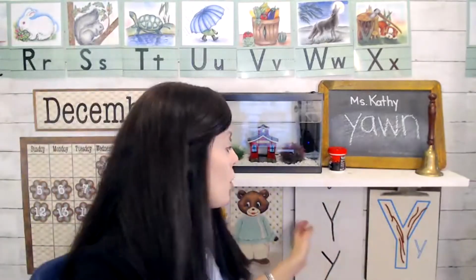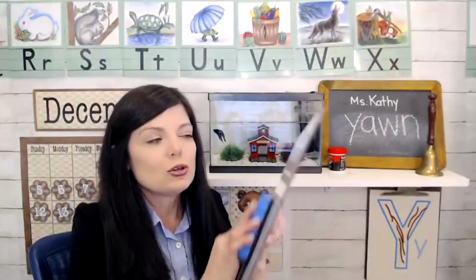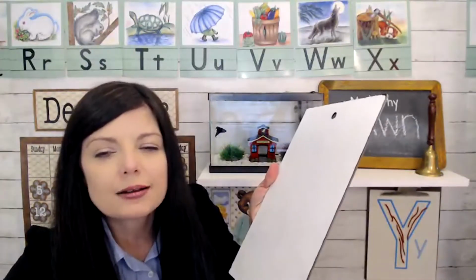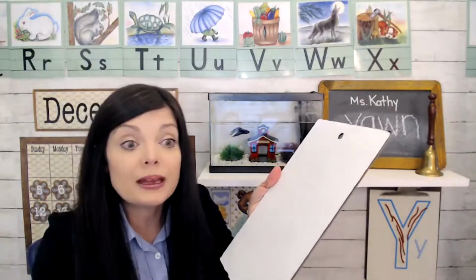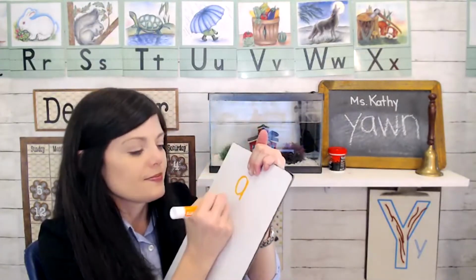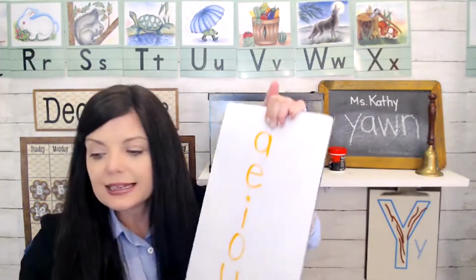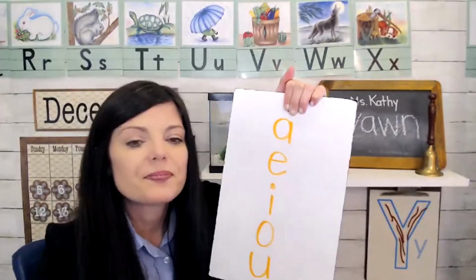Well, now that we know what letter Y sounds like, why don't we do some blending with Y? Can you sing the vowel song and tell me what the vowels are? Very good. Let's sing it together too, okay?